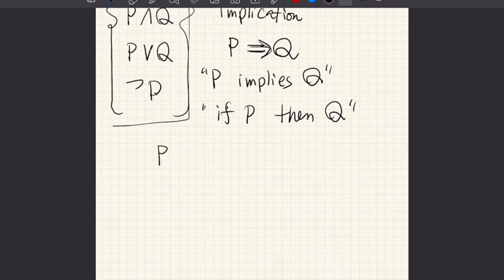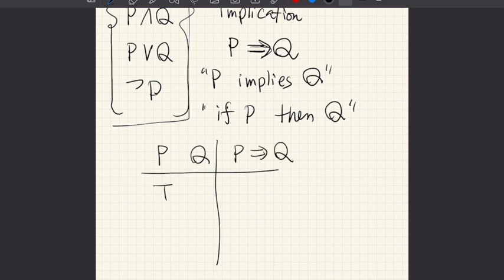So let's say P and Q, P implies Q. We usually write T here. True, true, false, false, true, false, false. When P is true and Q is true, P implies Q is true.